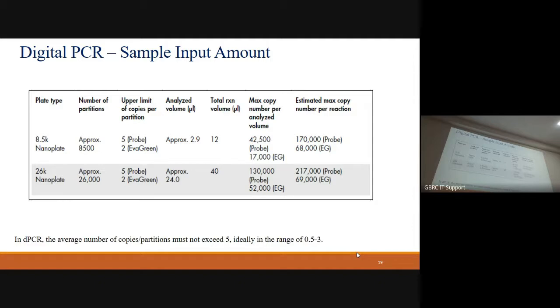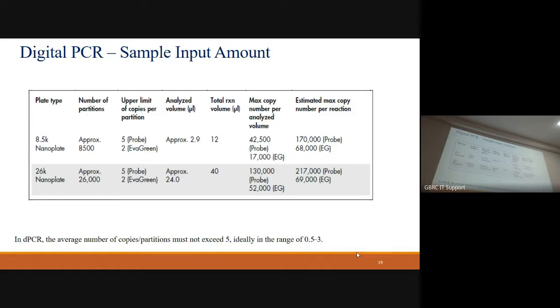As I told you, whenever you are using the 8.5 thousand nanoplate, they will tell you to use 12 microliter as a volume. And here I think you have used 26,000, so there they will put 40 microliter. From this, the analyzable volume is only 24, and here around 3.